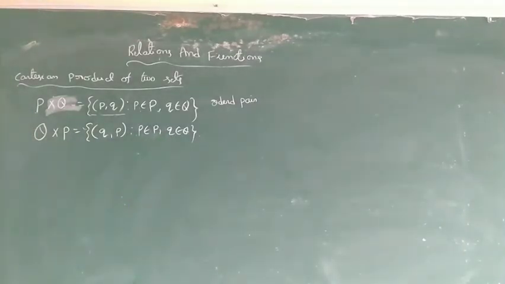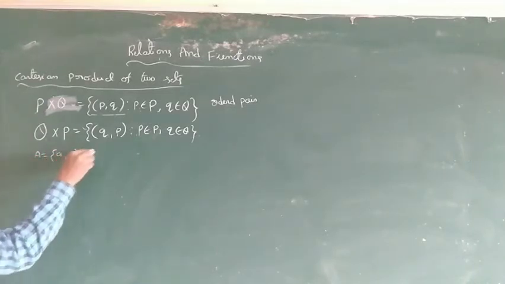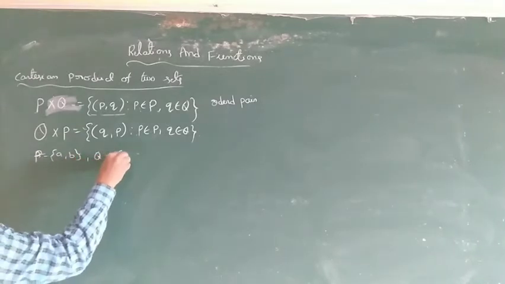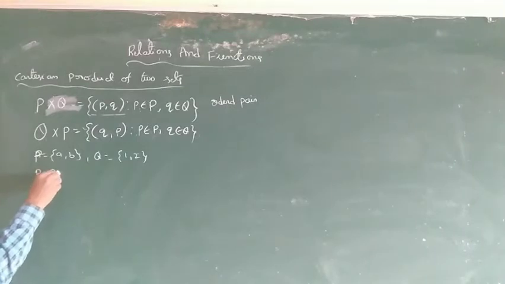Next, for example, A is equal to {a, b} and Q is equal to {1, 2}. So P cross Q is the set of all ordered pairs.